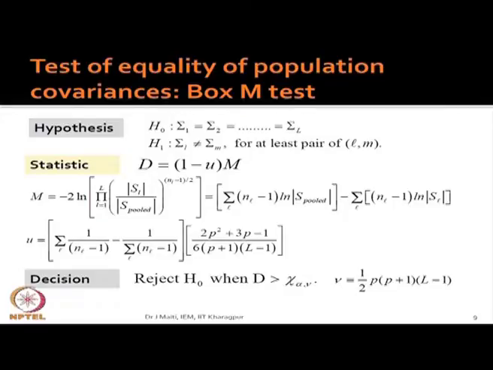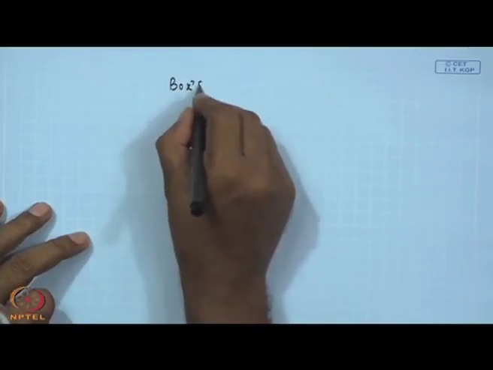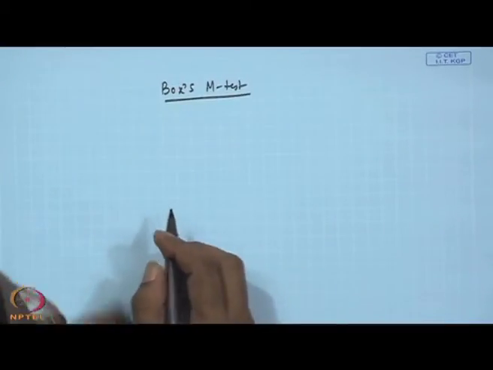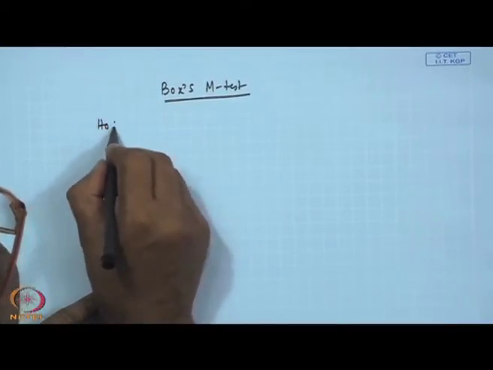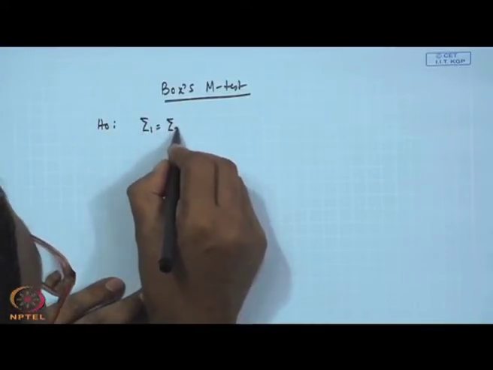We will be using the Box M test. Here we will create the hypothesis H0 that population covariances are equal.